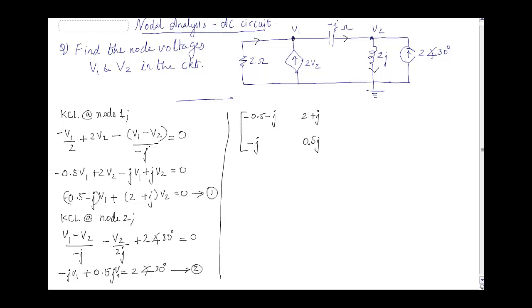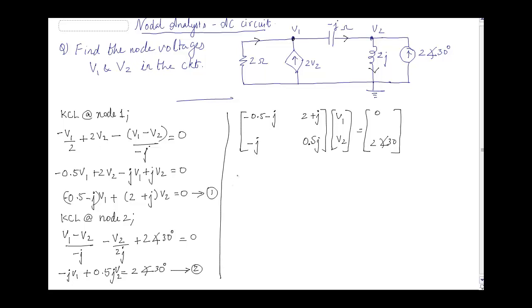So I have missed V2 here. Okay, so that gives me this multiplied with V1, V2 as the values going to be 0 and 2 angle 30 degrees.